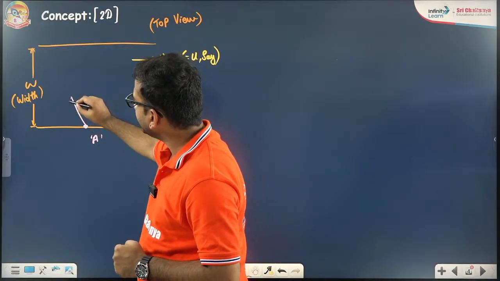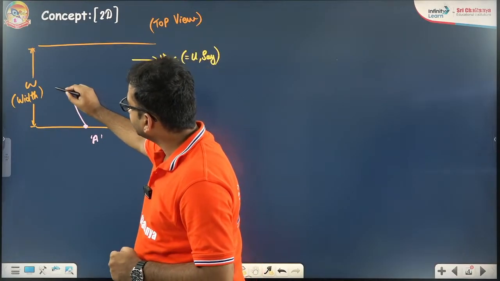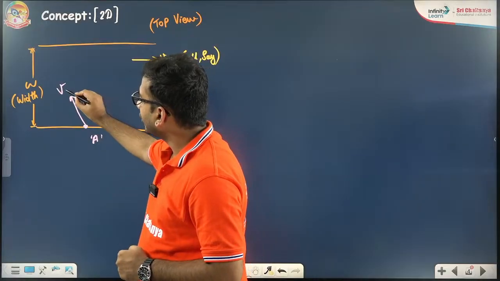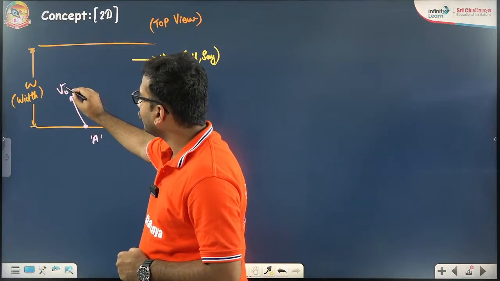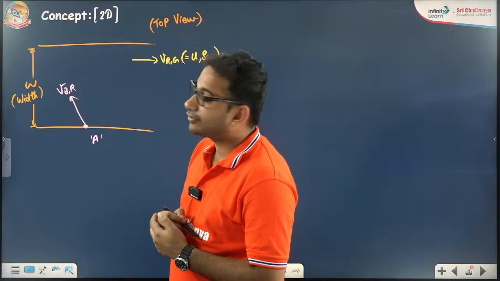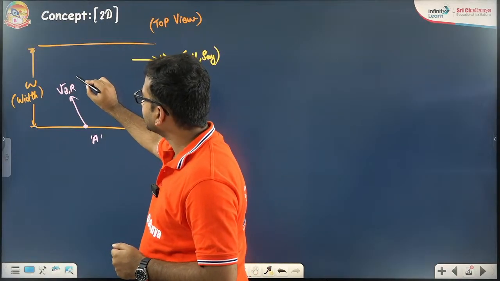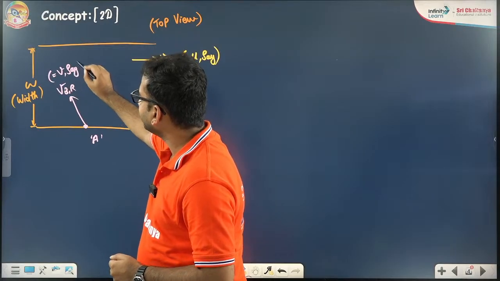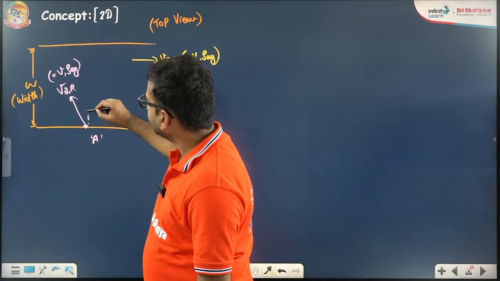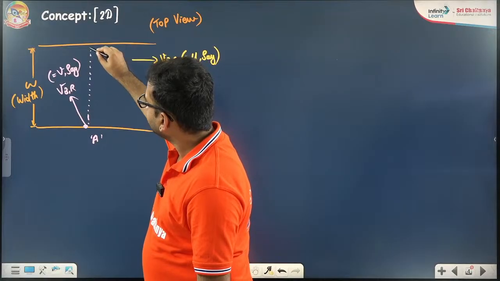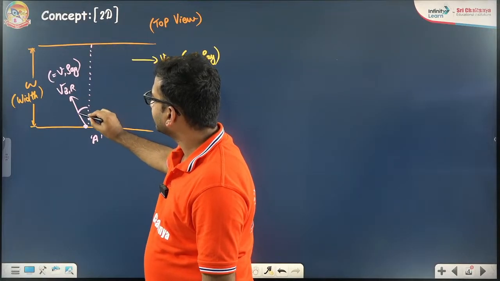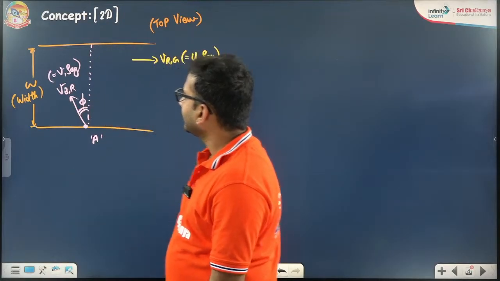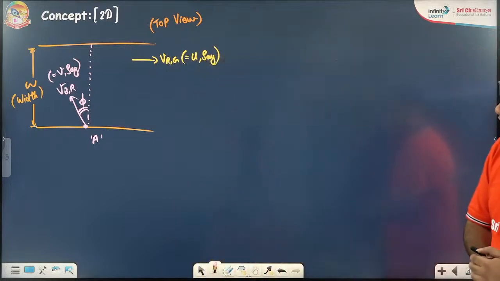Suppose he is moving in this direction with a velocity of boat with respect to river, or velocity of boat inside the water, which is given by v, and it is making this angle as phi. This is the situation for you.